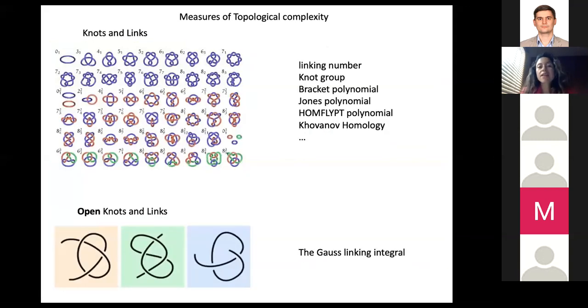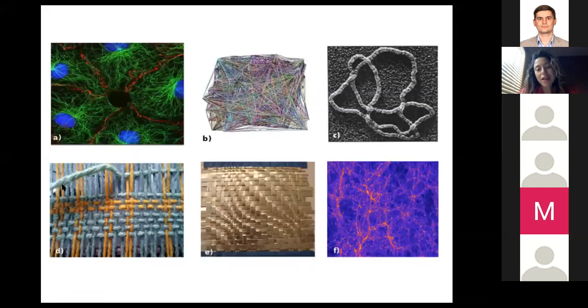So it is natural, therefore, to look at, if we want to. Sorry, I will move one slide back. As I said, the entanglement of these filaments is responsible to a very big degree for their mechanical properties, right?